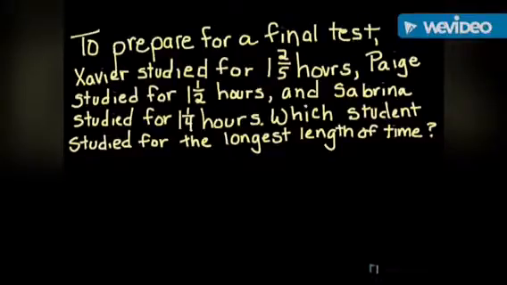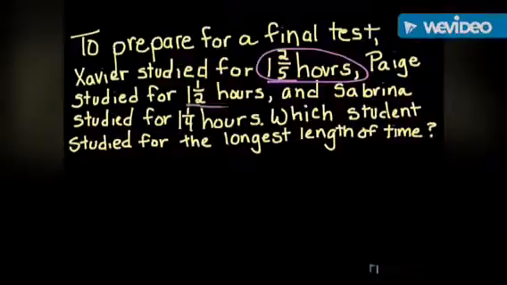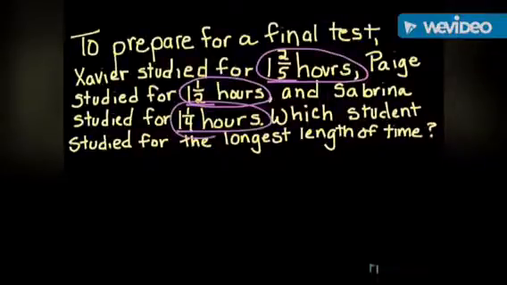To prepare for a final test, Xavier studied for 1 2/5 hours, Paige studied for 1.5 hours, and Sabrina studied for 1 1/4 hours. Which student studied for the longest length of time?